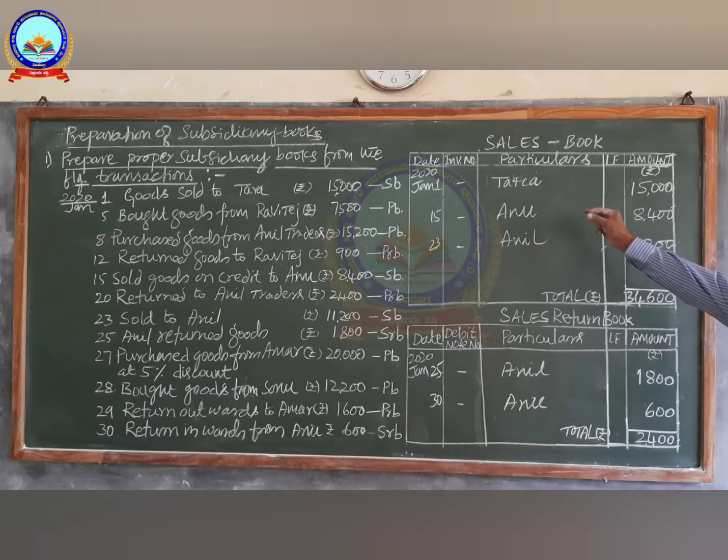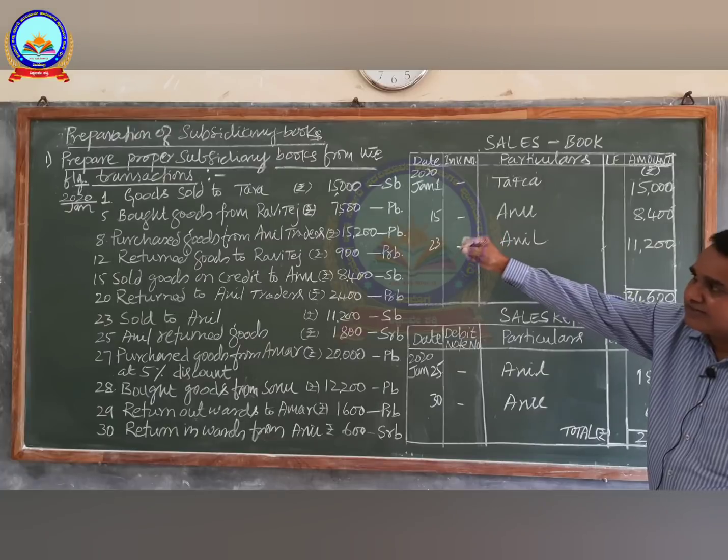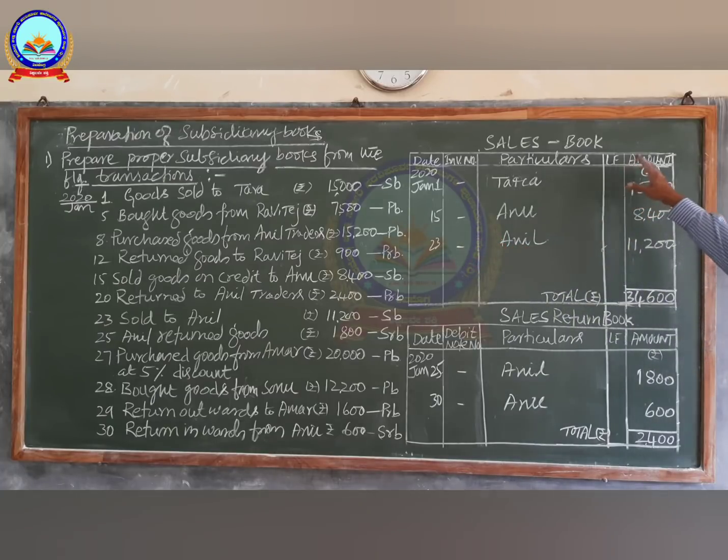After recording all the credit sales transactions in the sales book, summate the amount column. I mean, total up the amount column, write the total. The total comes to rupees 34,600.